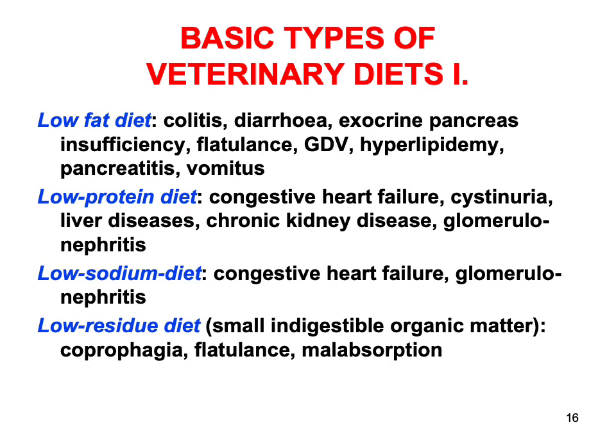Low protein diet for congestive heart failure, cystinuria, liver diseases, chronic kidney disease and glomerulonephritis. Low sodium diet: congestive heart failure and glomerulonephritis. Low residue diet, small indigestible organic matter, in the case of coprophagy, flatulence and malabsorption.